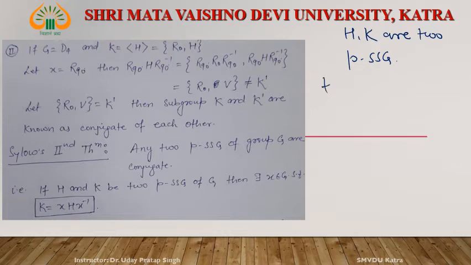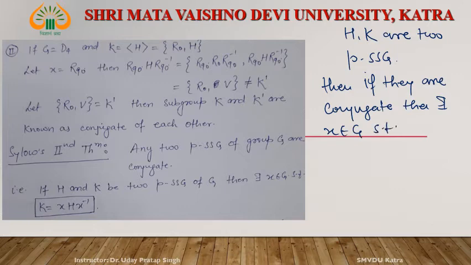Then they are conjugate, which means there exists X belonging to G such that K is equal to X H X inverse. Okay, see the previous example.